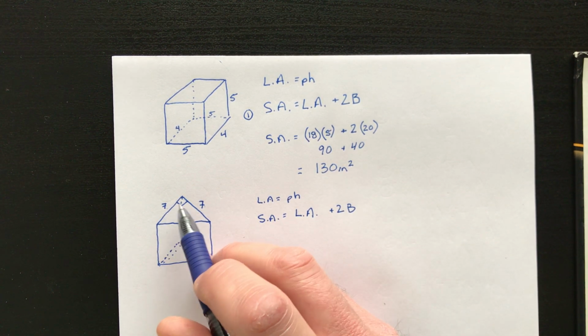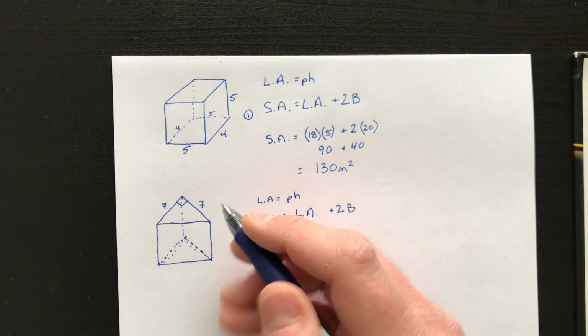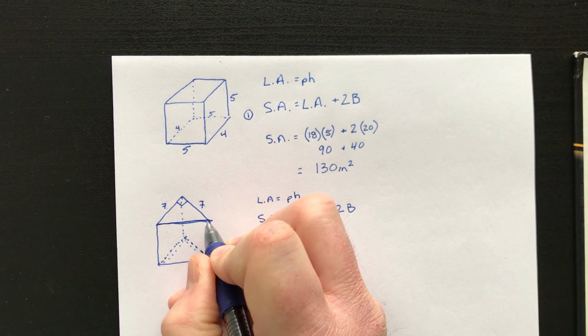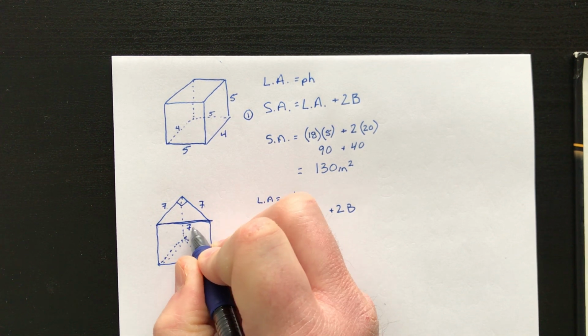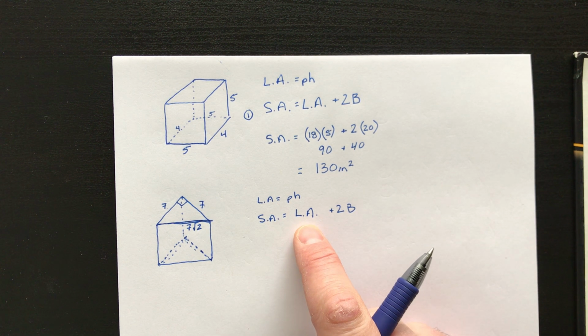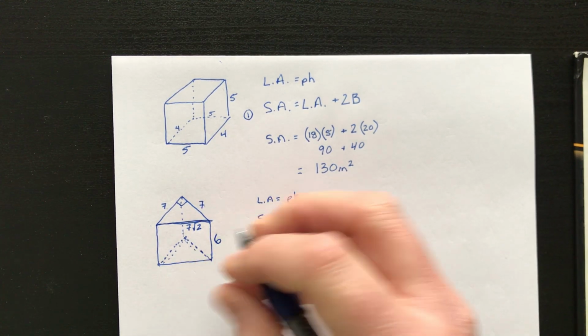This triangle is a 45-45-90 because my 2 legs are congruent. So I know that this side length right here is going to be 7 root 2. That's what they say for 45-45-90: the legs are congruent, 7 and 7, and the hypotenuse is going to be 7 times the square root of 2. And they also tell us that the height here is 6.